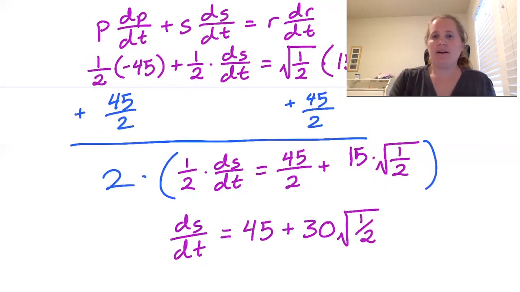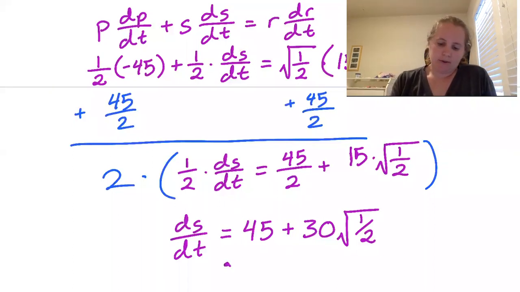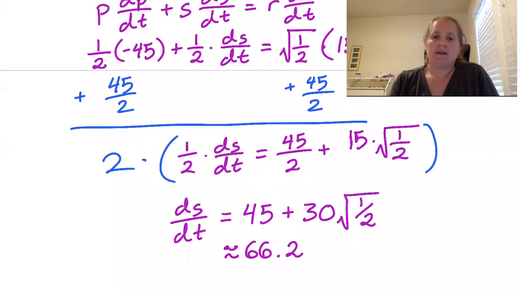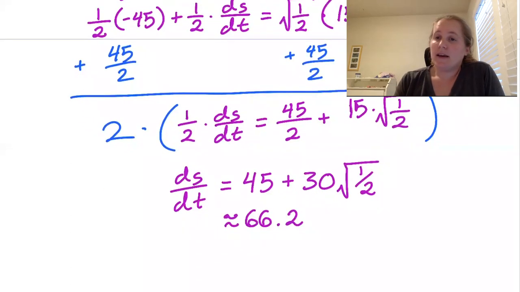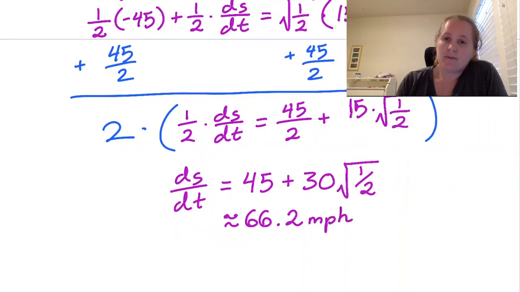And if we plug that into a calculator, this is approximately 66.2. Again, S was in miles, T is in hours, so this would be miles per hour.